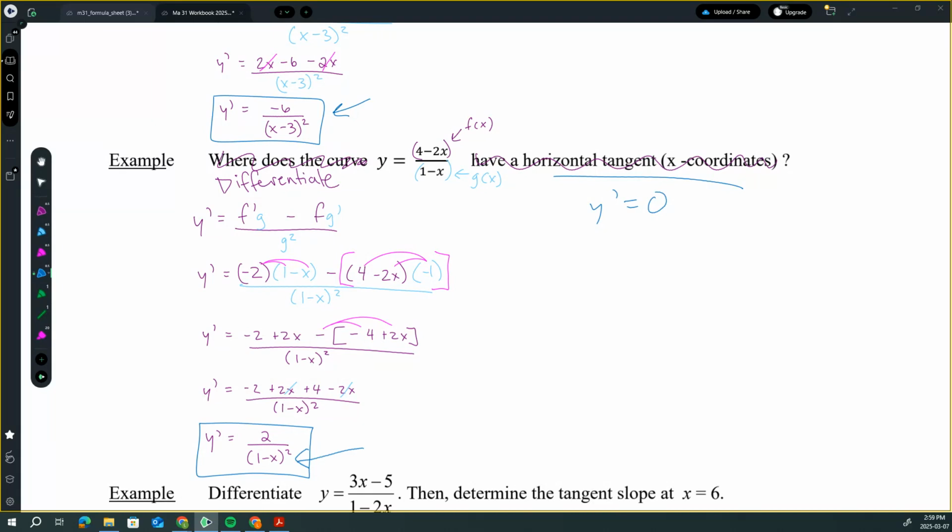You don't have to expand it unless the question specifically tells you to expand your denominator, which I don't think is going to happen in this book, or on any of your practice examples. So just a heads up on that there.